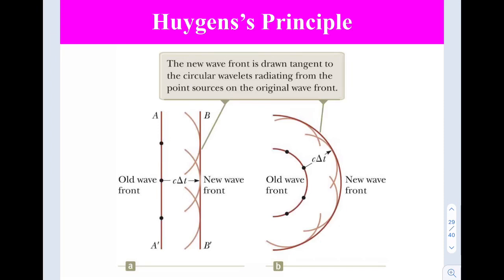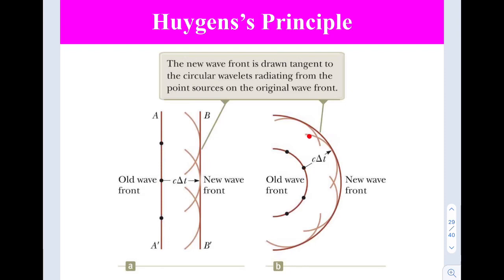For a spherical wave, the idea is again the same. Every single point on the old wavefront is a source of the new wavefront here. How to do it? Consider this point source, it is going to produce one spherical wavelet.